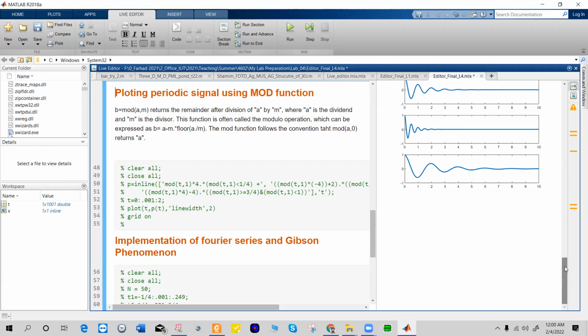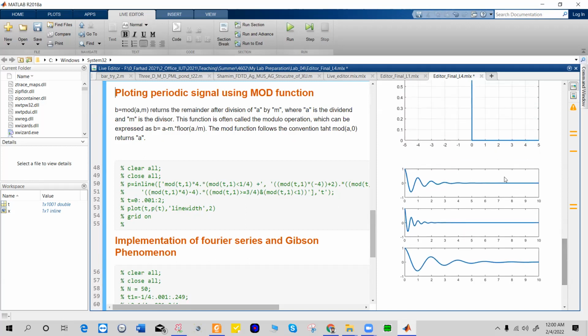Okay, so this is the case. We have x of t, x of 2t and x of t by 2. So our original signal x of t, the compressed signal, and the expanded signal, that is the time scaling properties.